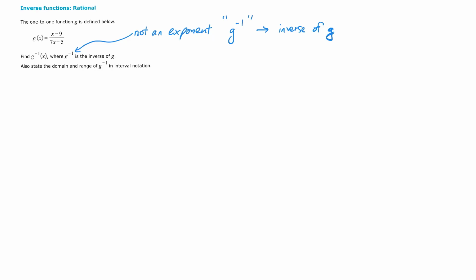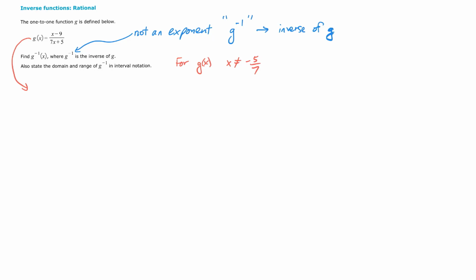Alright, why don't we get started? Why don't we try to find the inverse of g of x? First thing you want to know is for g of x, x cannot be negative 5/7. So if you look at the denominator of g of x, you are checking its domain.